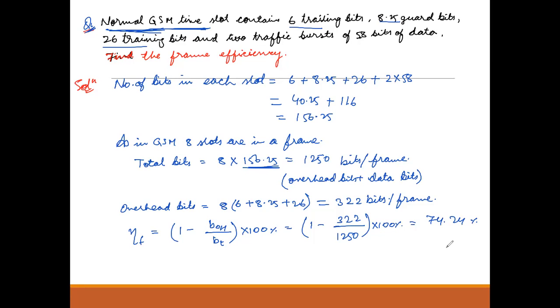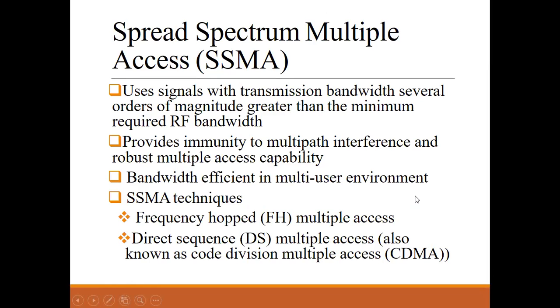So here we have done our TDMA and FDMA. Okay, so we are moving further. Spread spectrum multiple access. Okay, so what is meant by this spread spectrum multiple access?